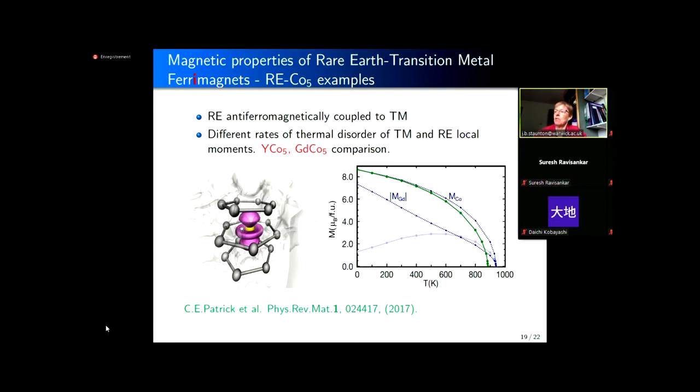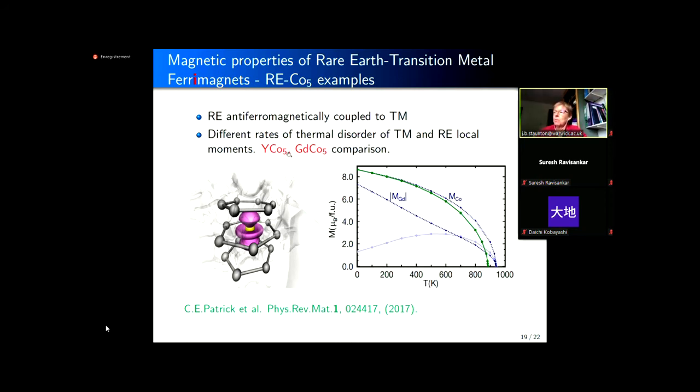There are layers of cobalt, hexagonal layers of cobalt, and then interleaved with hexagonal layers of rare earth and cobalt. So that's why you have this 1:5 ratio. And the strongest magnet in this class is samarium cobalt-5.